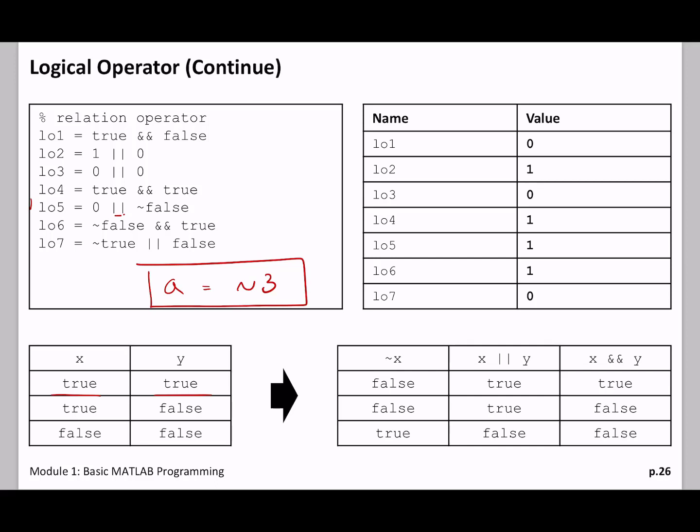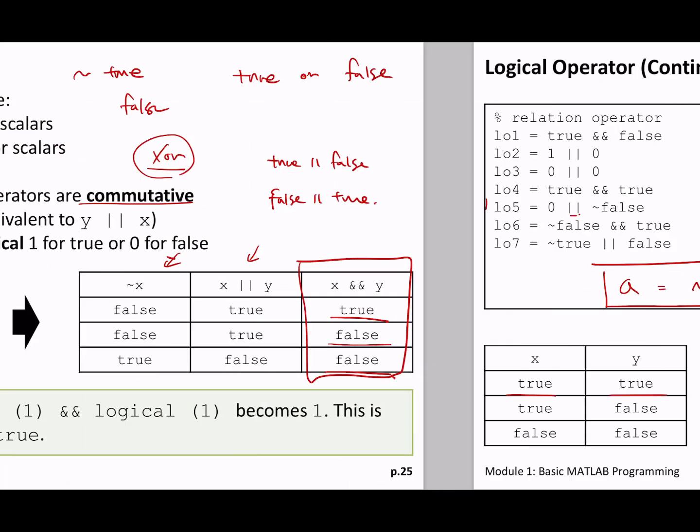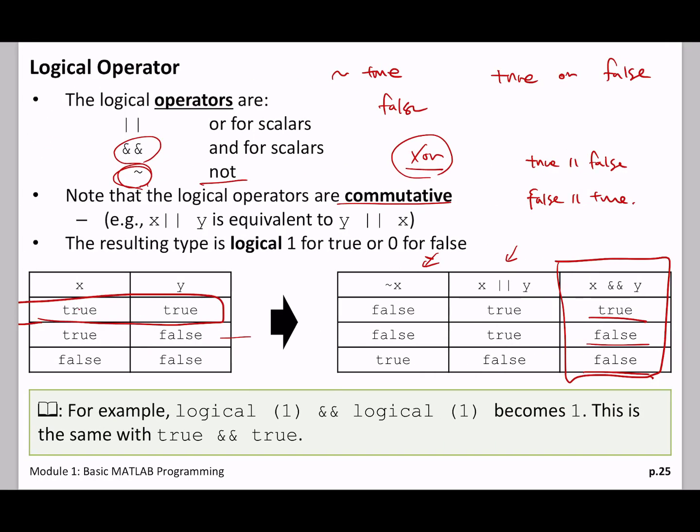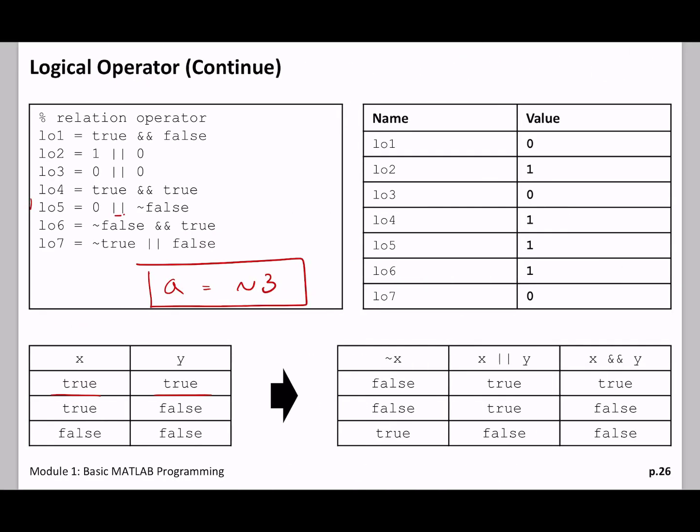This tilde is a not sign, right? What is the not 3? Here, the logical operator takes the input of the logical value. So, the first step is 3. That is the double type, right?